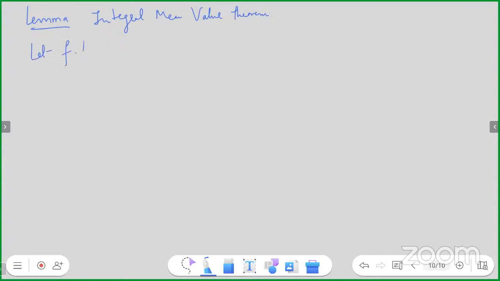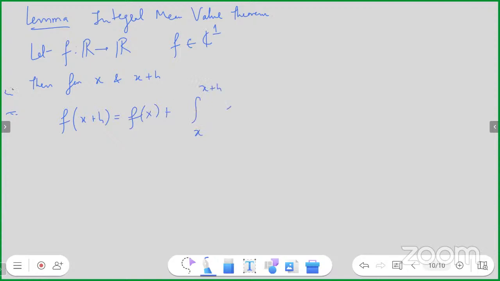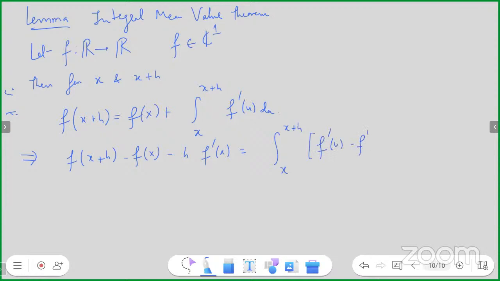Let f be R to R and f belongs to C1, then for x and x plus h, f of x plus h is equal to f of x plus the integral from x to x plus h of f prime of u. So the resulting is f of x plus h minus f of x minus h times f prime of x is equal to the integral from x to x plus h of f prime of u minus f prime of x.